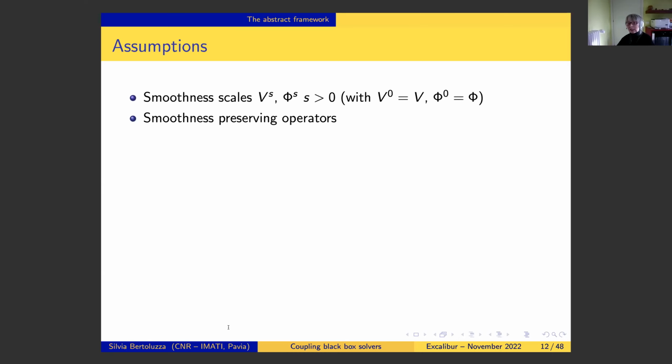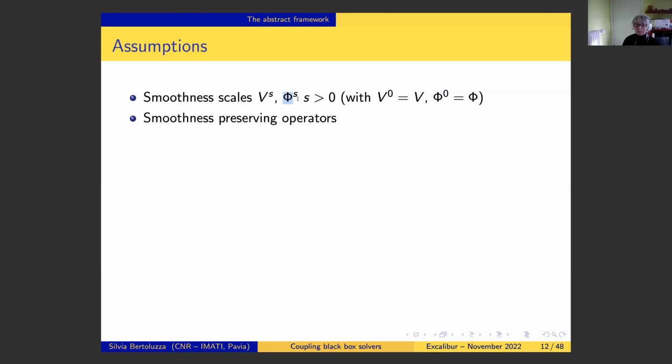And I do it by introducing a smoothness scale. So I introduce spaces V_s for s, and here I should have written greater or equal than 0 because I set V_0 equal to V. And then V_s is the space where I gain s degrees of smoothness with respect to V_0.